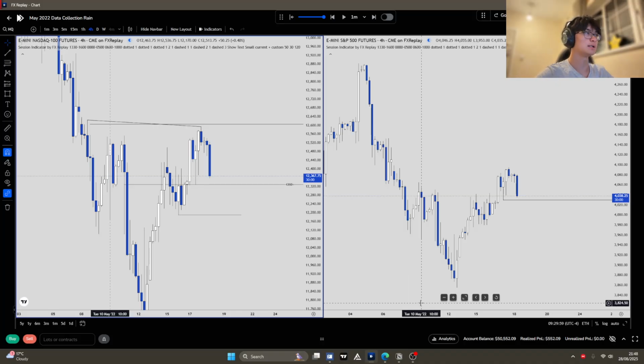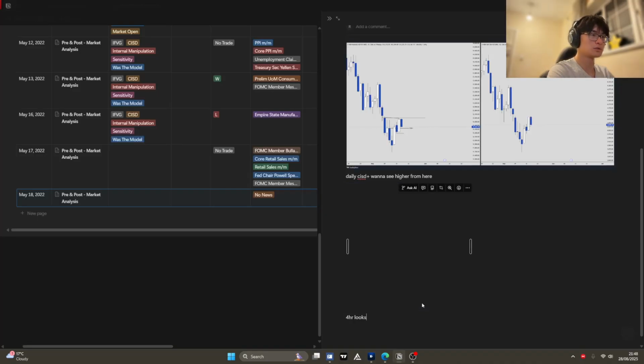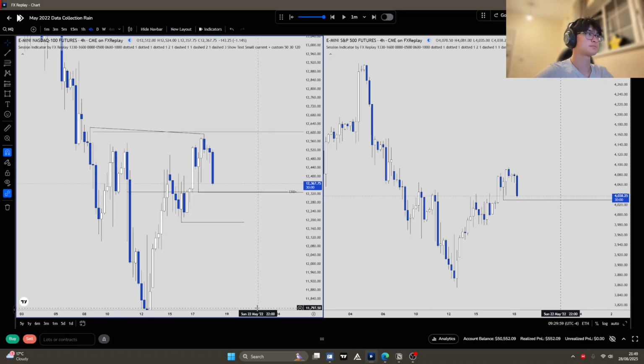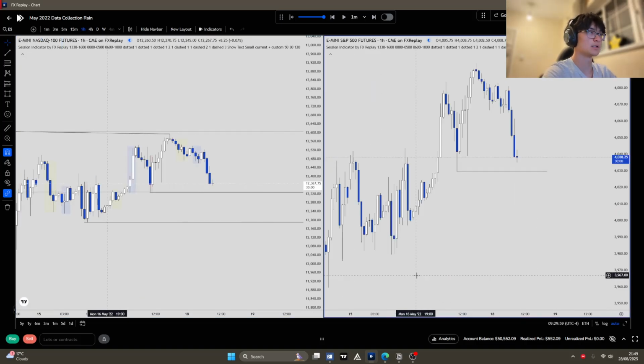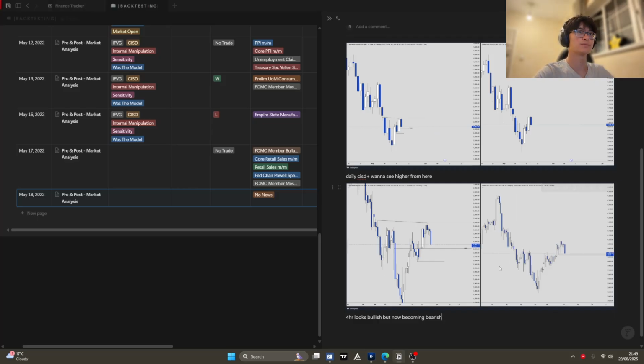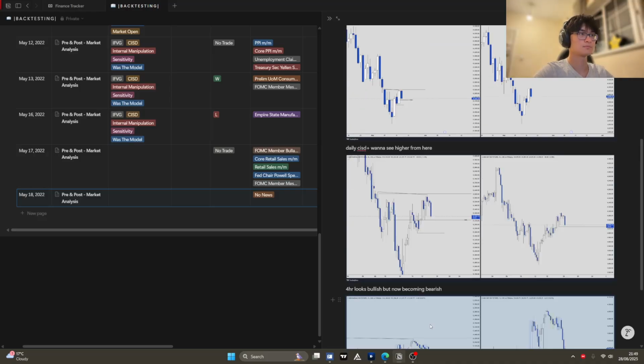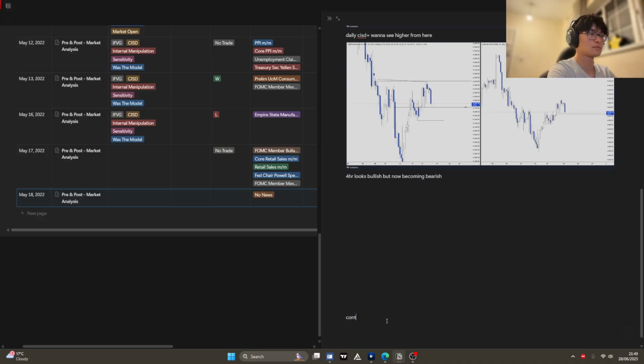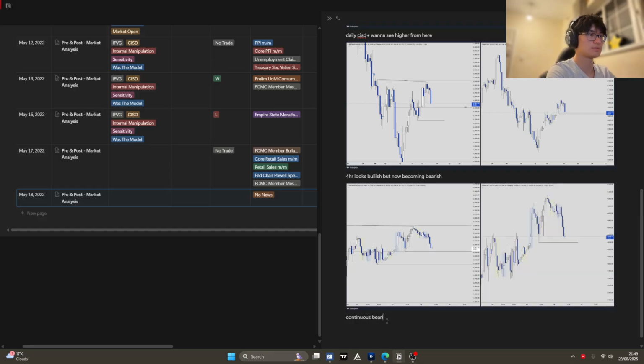Flower looks bullish, but now becoming bearish. And now 1 hour is continuous bearish order flow. Continuous bearish order flow.